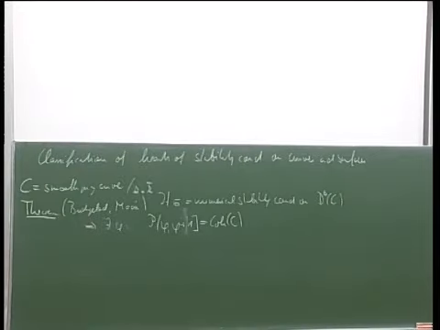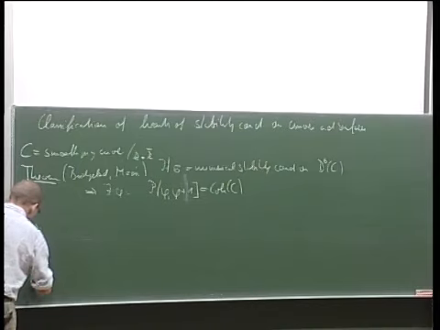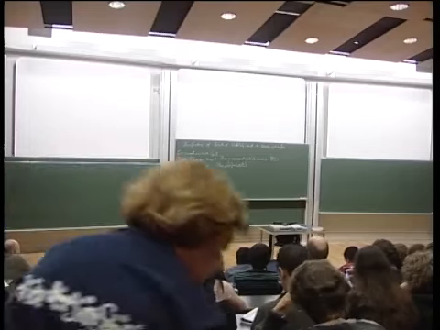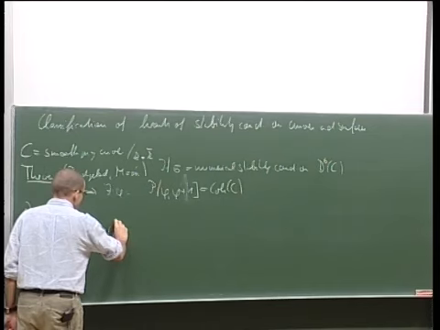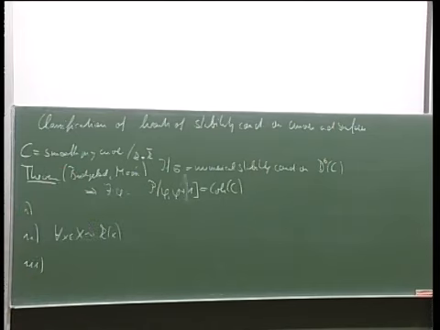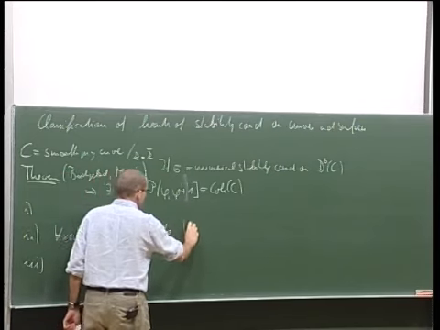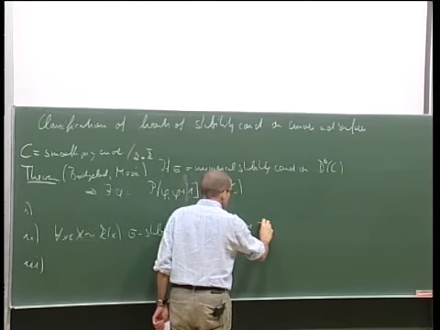And there were these three steps, and the one in the middle is the one I want to explain now in detail. And this says that for all points x in X, the associated point sheaf is sigma stable, and similarly all line bundles on the curve are sigma stable.